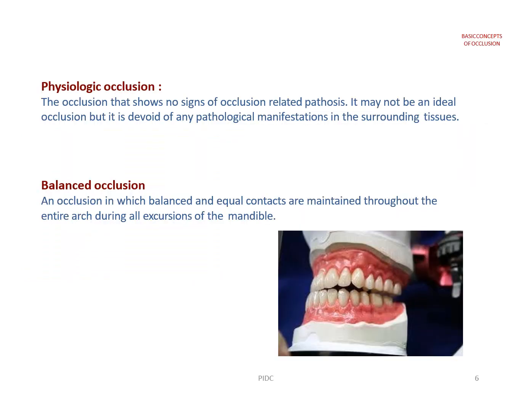First is physiologic occlusion. The occlusion that shows no signs of occlusion related pathosis, or occlusion related problems. It may not be an ideal occlusion, but of course there are no pathologic manifestations. That is called physiologic occlusion. Now there is one more term, balanced occlusion, where there are equal contacts between your upper and lower arch during all the functions of the mandible.